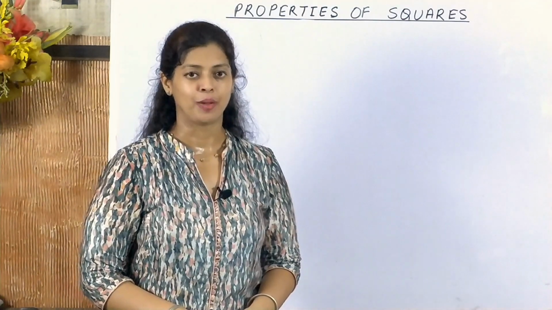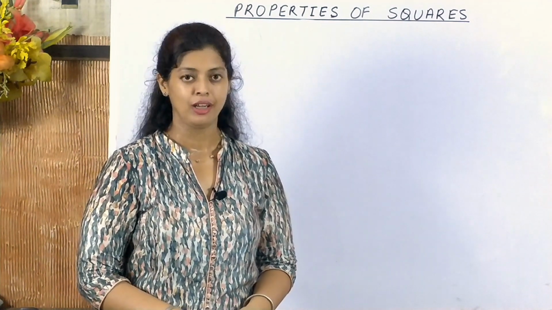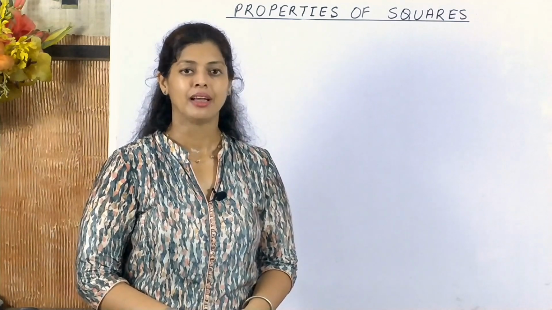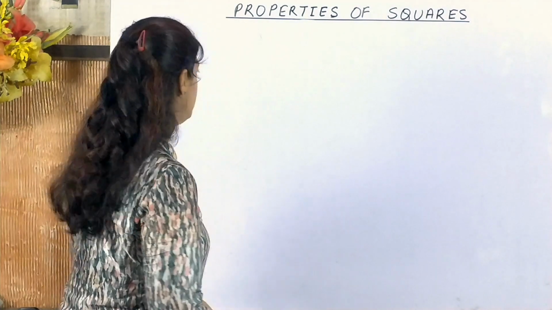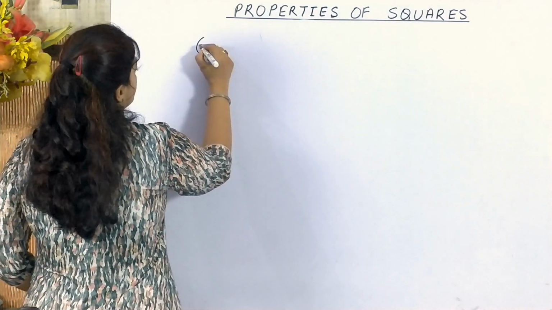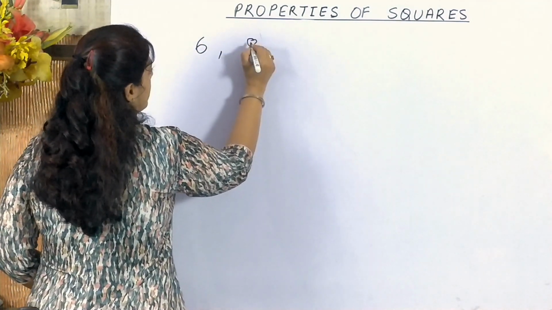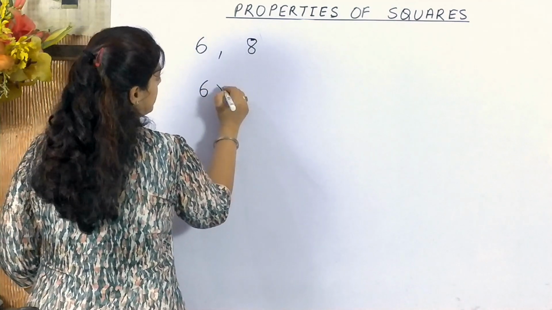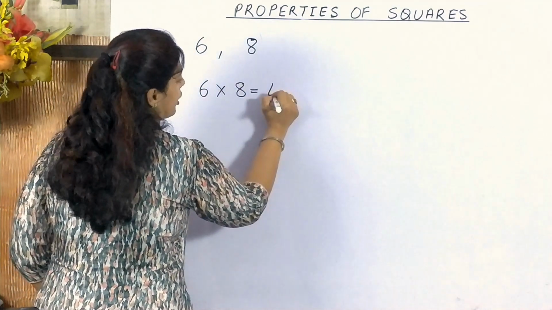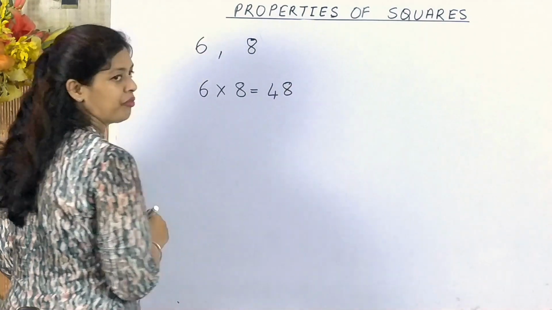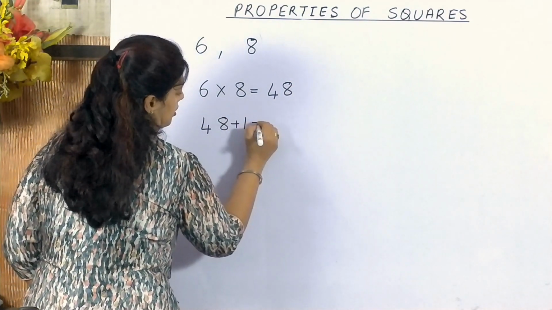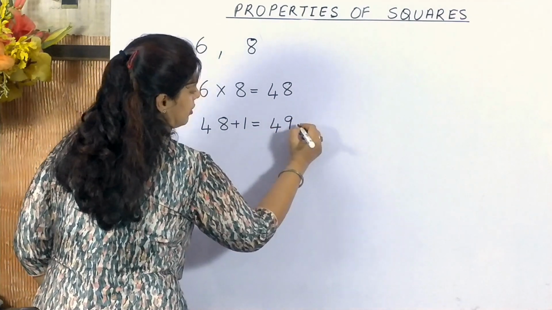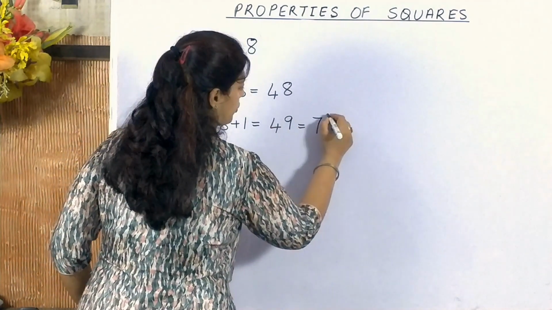Another pattern we can observe is, if we add 1 to the product of two consecutive even or two consecutive odd numbers, we get the square of the middle number. So if I take two consecutive even numbers, say 6 and 8, and I multiply 6 with 8, I get 48. If I add 1 to this product, that is 48 plus 1, it gives 49, and 49 is 7 square.